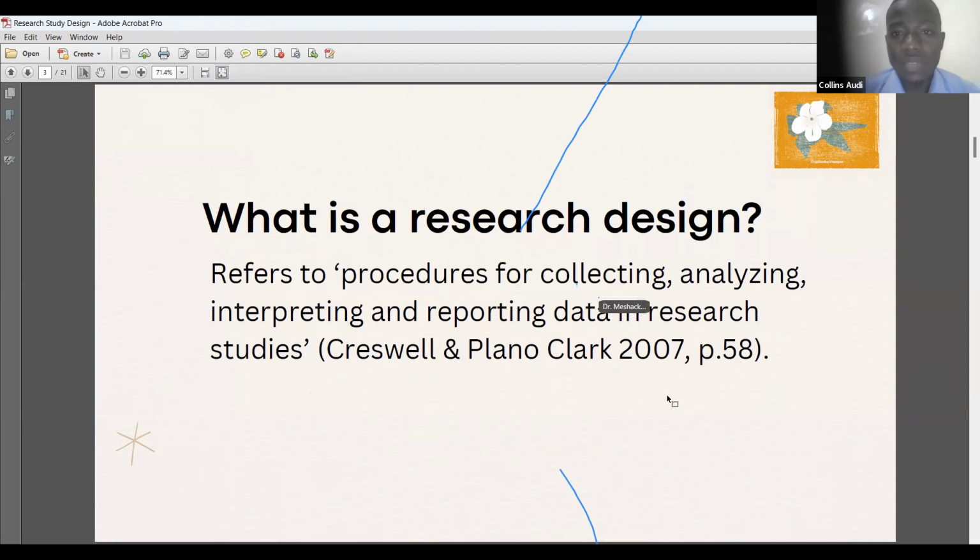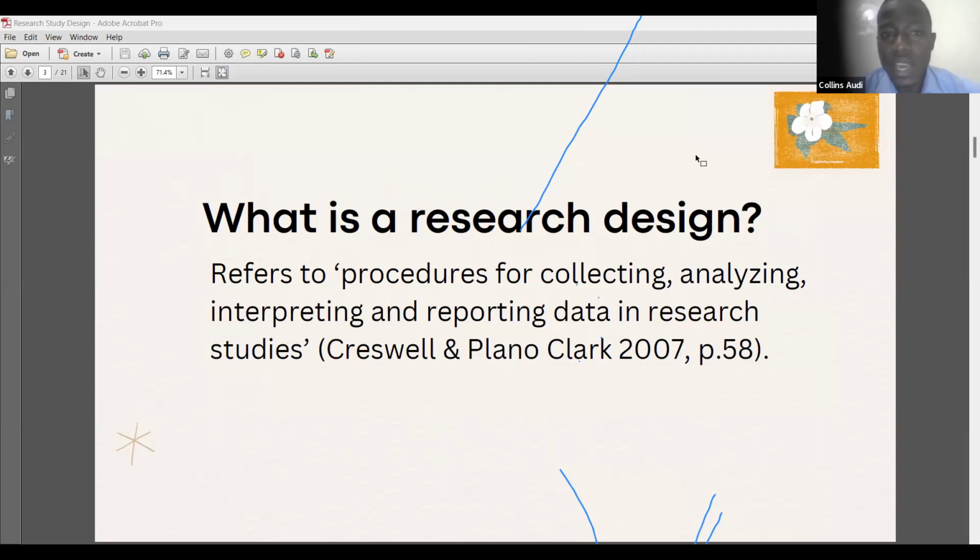First, I want us to think of a research design like a house. Say you want to build a house. You will first need to have an idea of the design you want your house to look like. In the same way, a research design is the overall blueprint of your research.